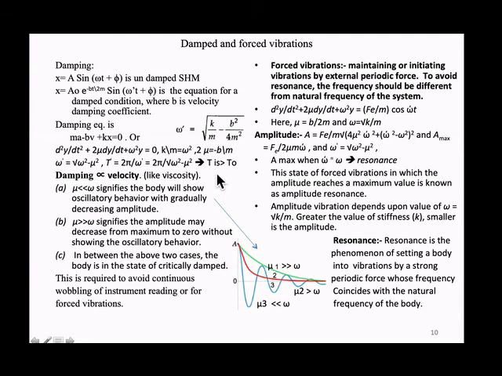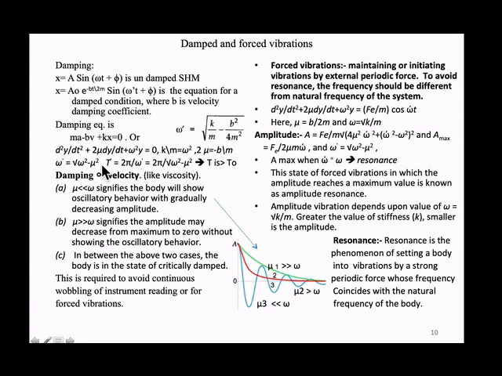If omega dash is in this direction and mu in this direction, the resultant is omega. This is how omega dash is defined as the square root of omega square minus mu square, where mu is b by 2m. Then comes T dash, T dash equals 2 pi by omega dash. Finally, the system is moving with omega dash.